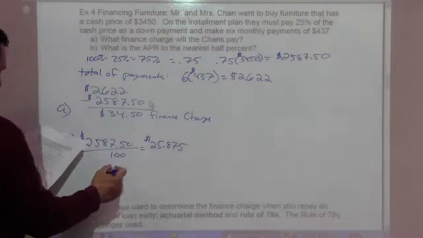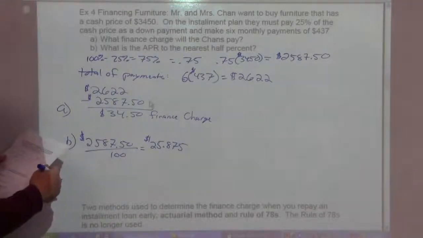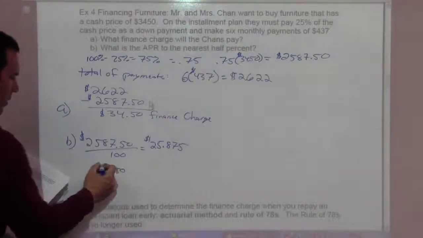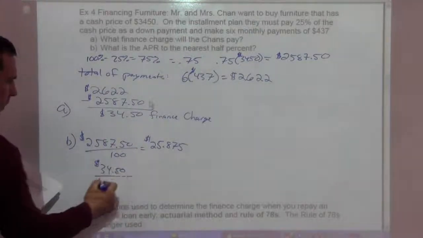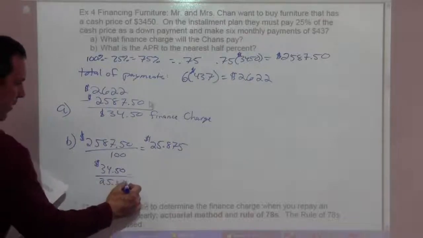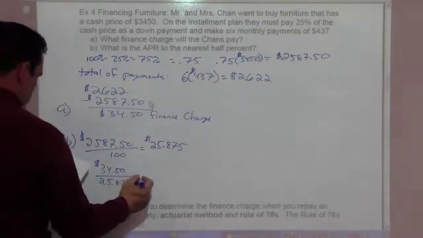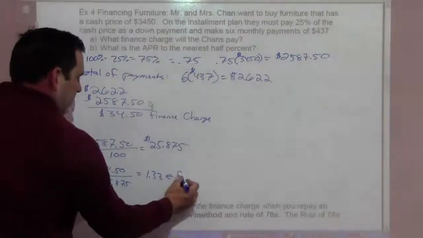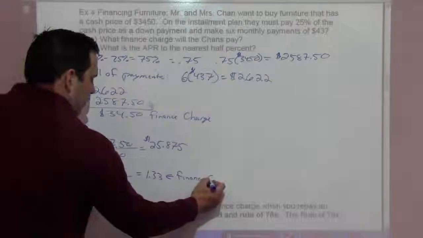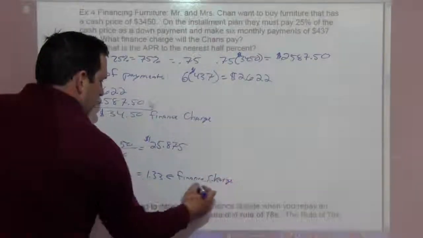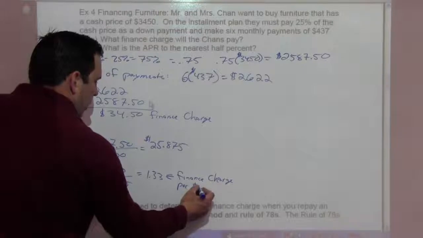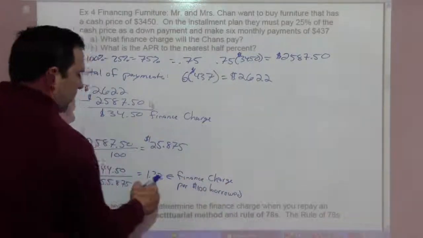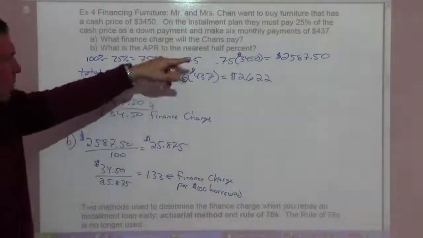So we're going to do our 3450, the finance charge, divided by the number of hundreds borrowed, 25.875. And that gives us 1.33. And this is the finance charge per $100 borrowed. This is the number we'll look up on the chart under the 6-month row.